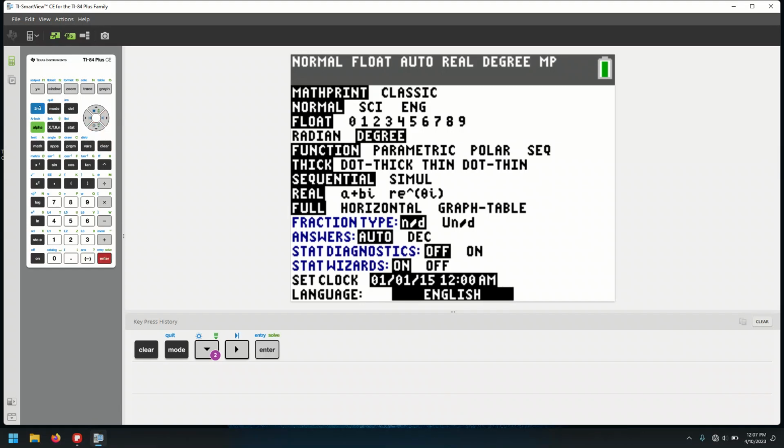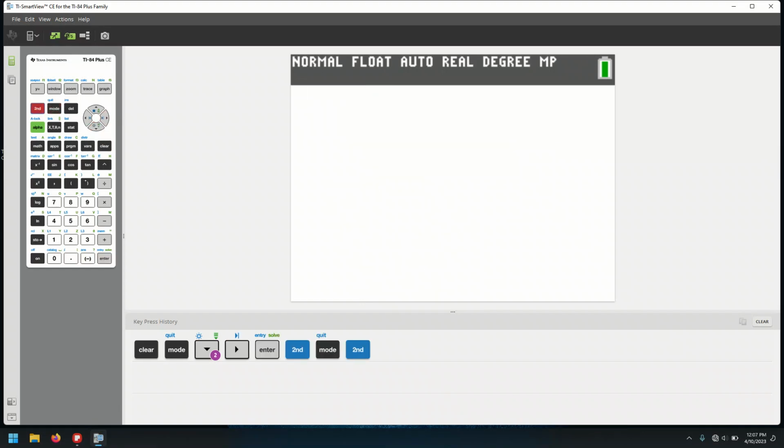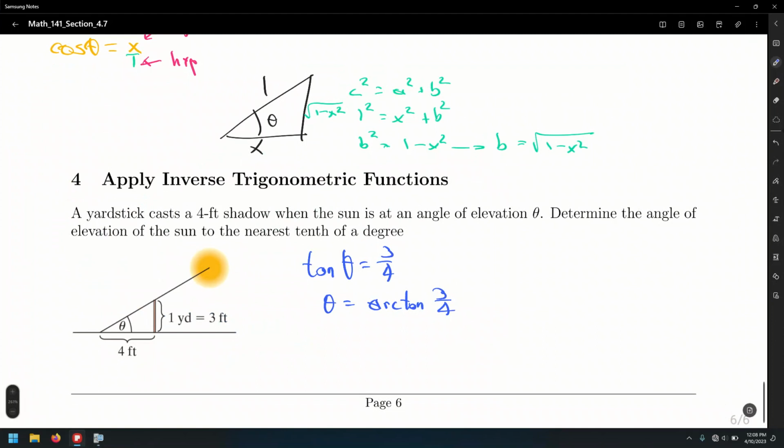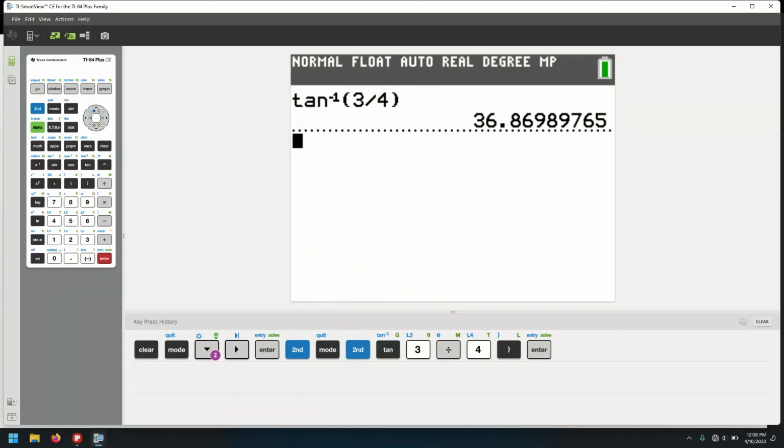Degree, second, tangent to evaluate the inverse tangent function, and this is 3 divided by 4. Close parentheses, click enter, and that should give us the desired angle. That's 38.86, 38.9 degrees. Does it say how many decimal places? Oh, the tenth of a degree. So that's 1 decimal place, 36.9.